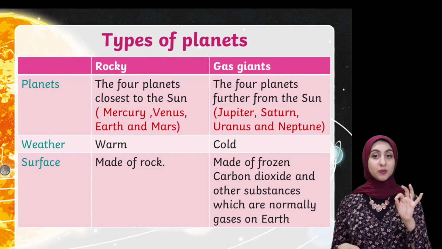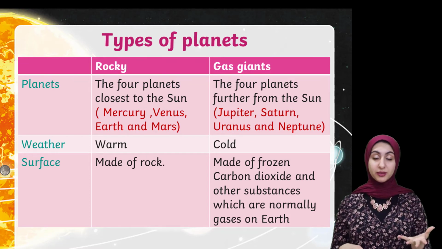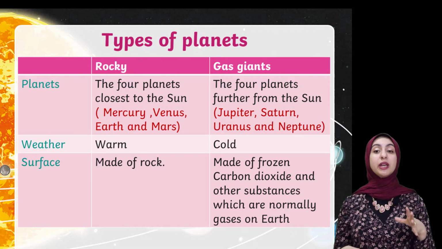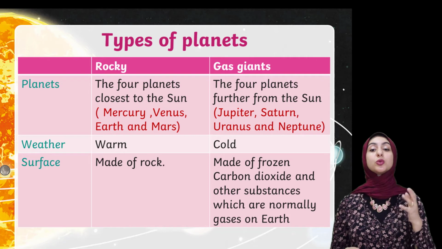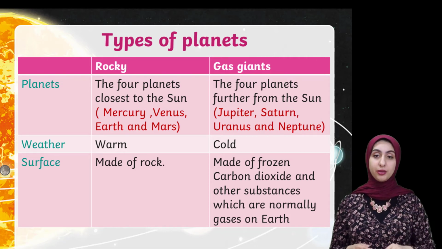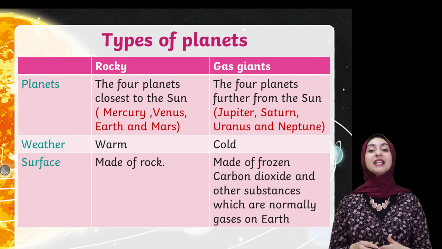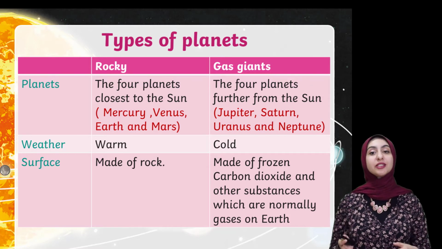The weather on these planets is cold, and the surface is made of frozen carbon dioxide and other substances which are normally gases on Earth. Now open your course book, page 166 and 167.